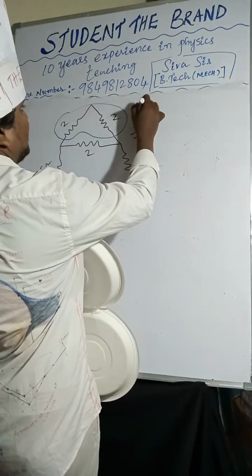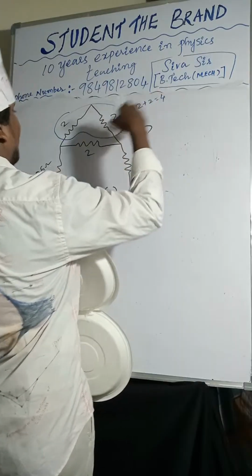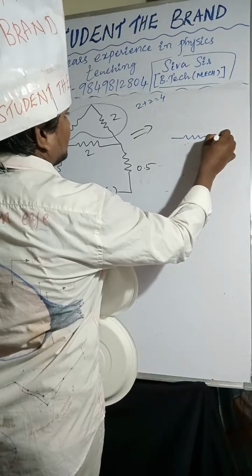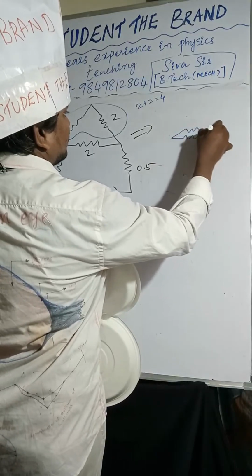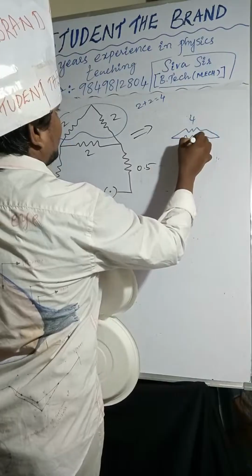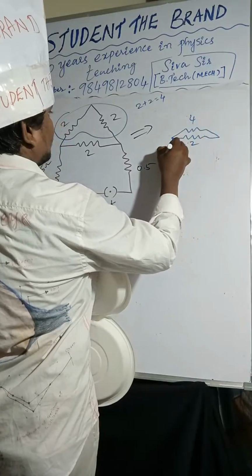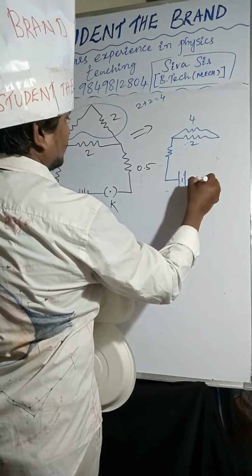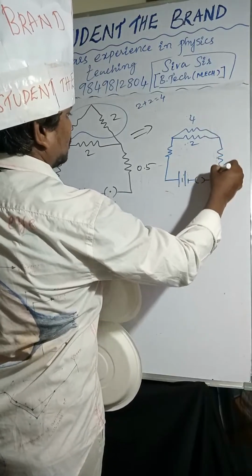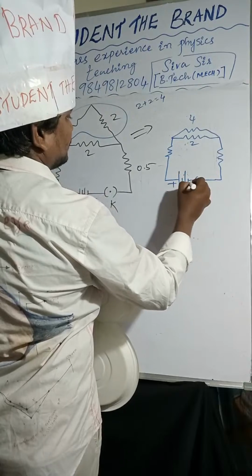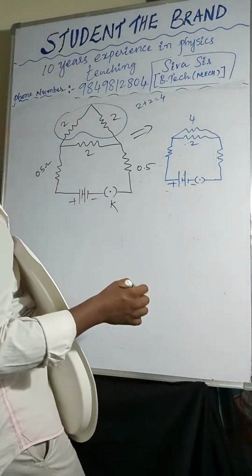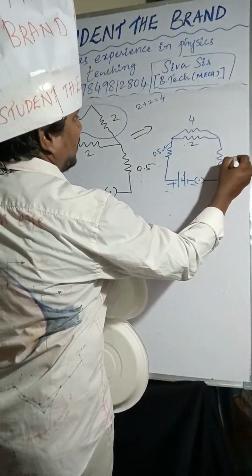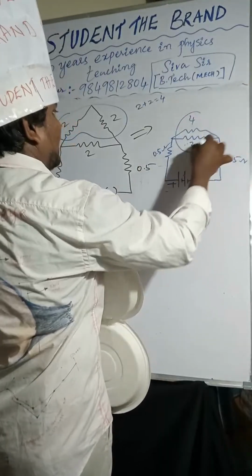2 plus 2 in series, you add, and you get 4. So now the diagram has 4 and 2, and this is 0.5, and again this is 0.5. These two are in parallel combination.